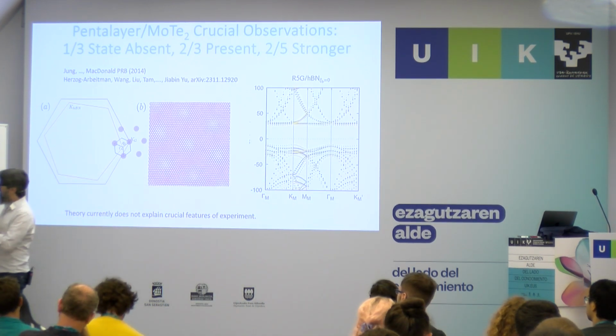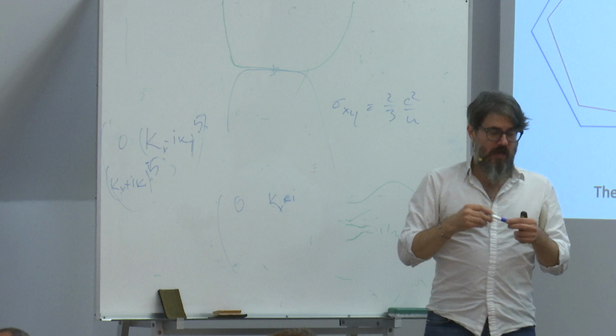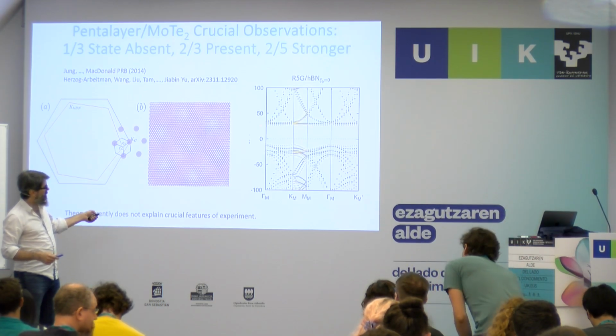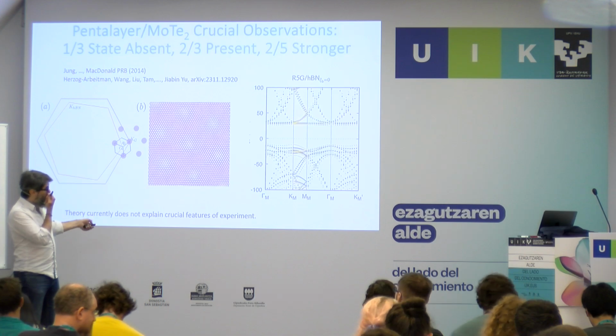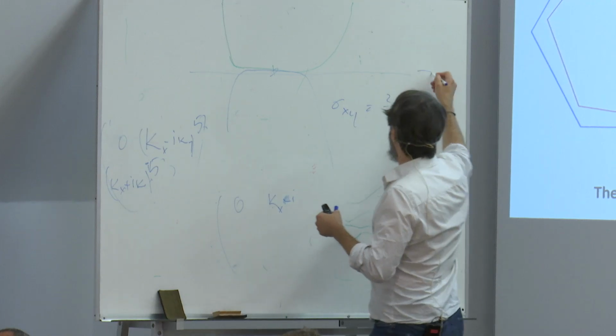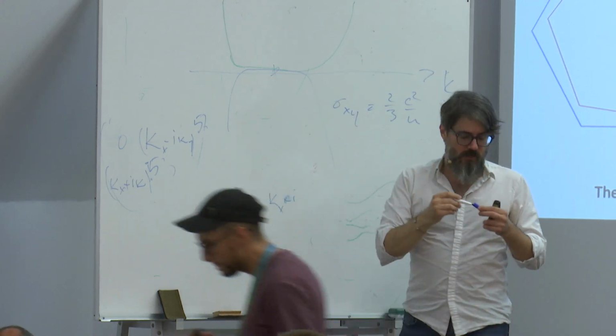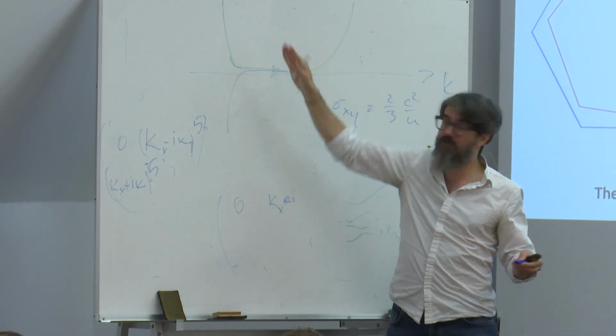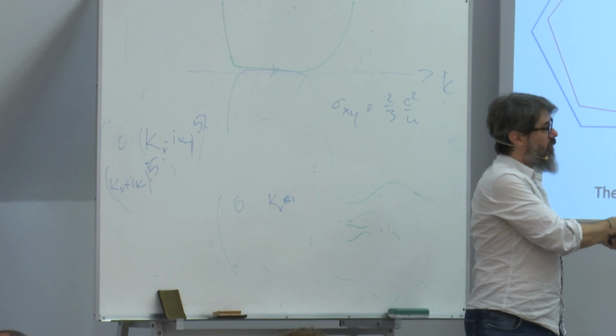In order to open this gap here, which is what you see here, there are many things. There's folding, there's the Moiré scale, not the original scale. This is the original graphene. Here I have the graphene momentum. You can see it here, it is just some folding of this, at least in the conduction band. But you see also this large gap.